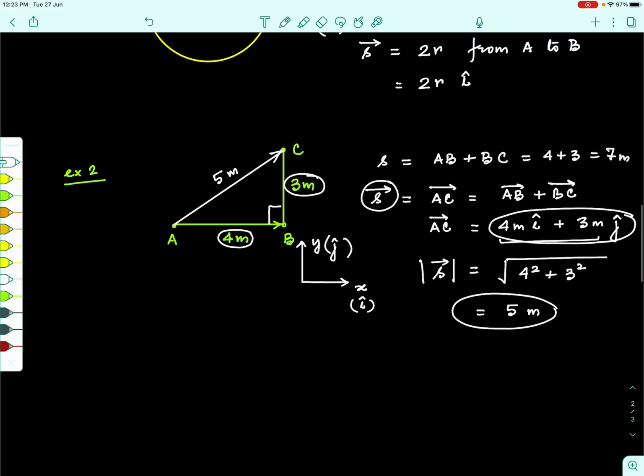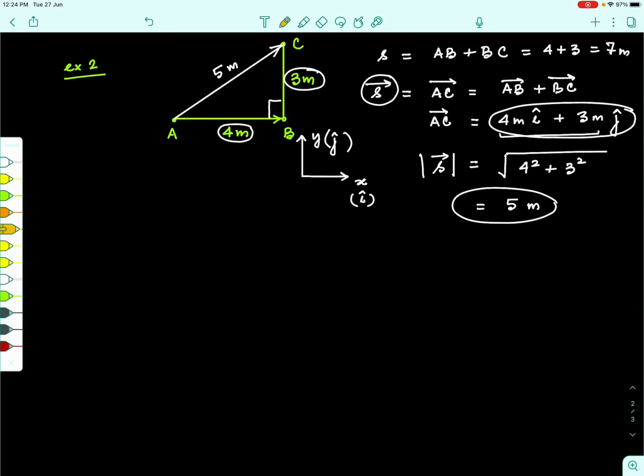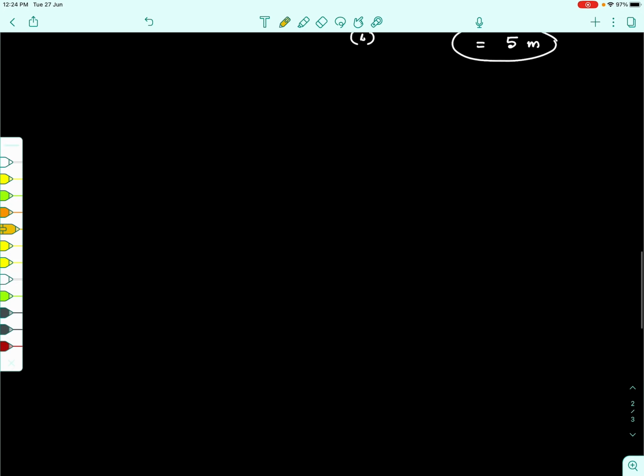Let's take one more example here. The next example is, there is a particle which moves along the arc of a circle.